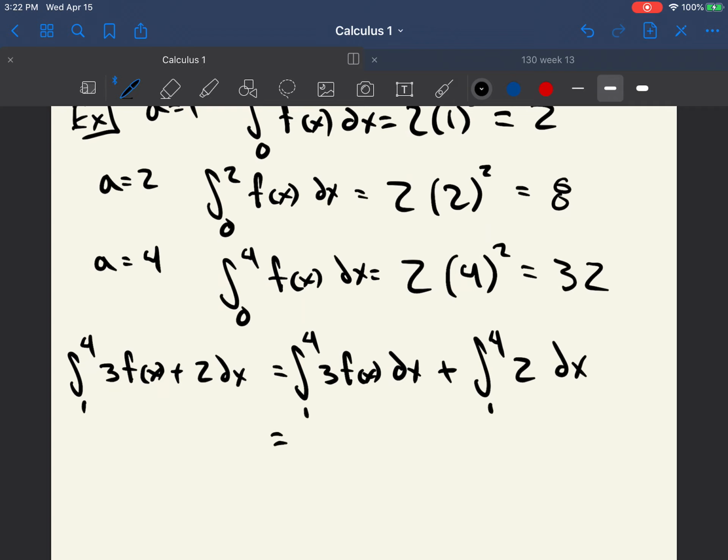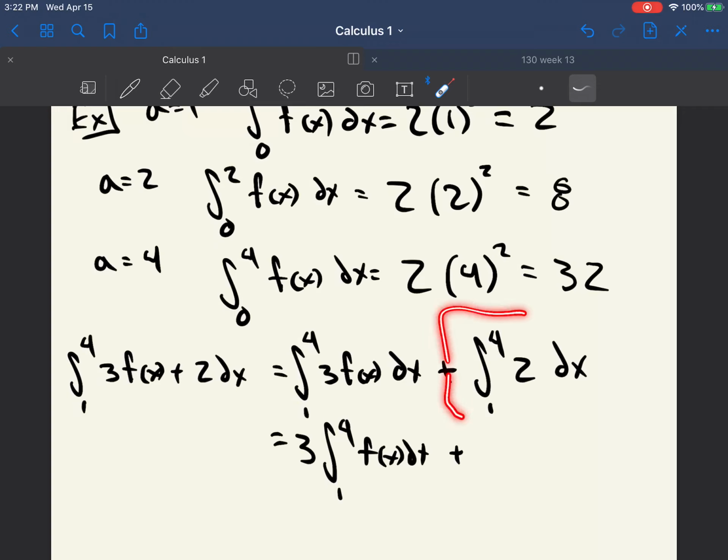Okay. We have another rule, so rule number 3 in those properties in the notes says that I can take this 3 and pull it on the outside of the integral. Okay, so this is the same as 3 times the integral from 1 to 4 of f of x dx.